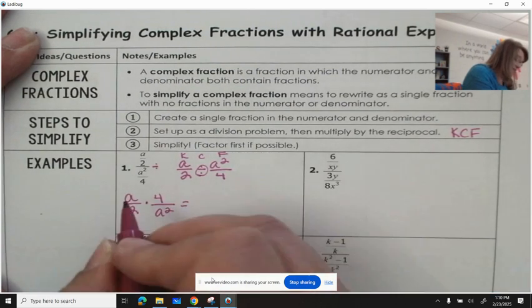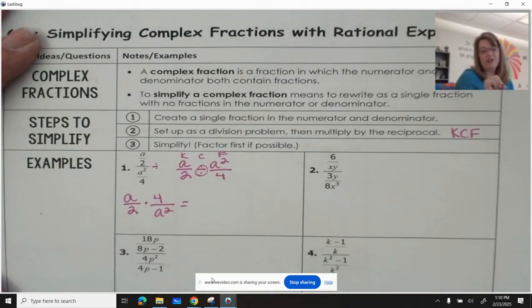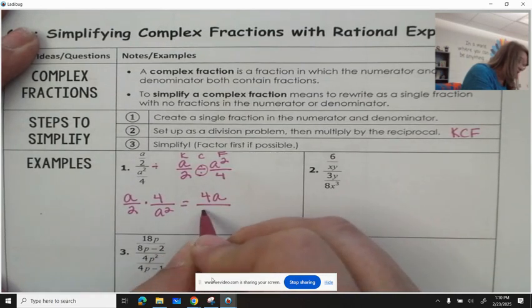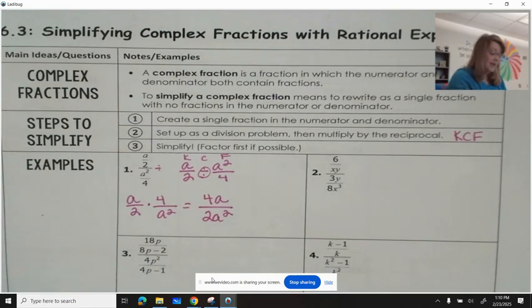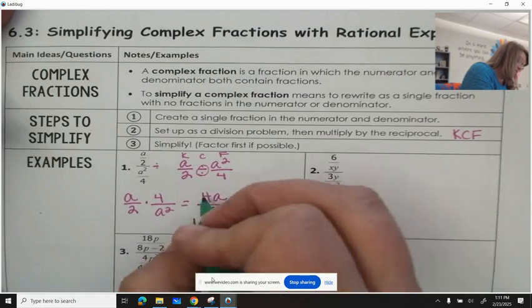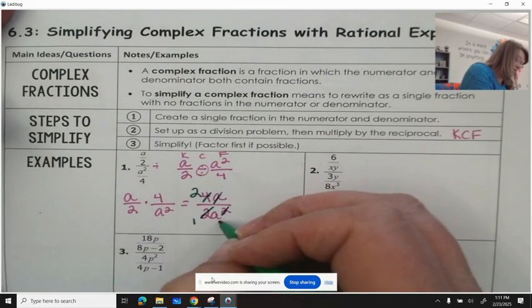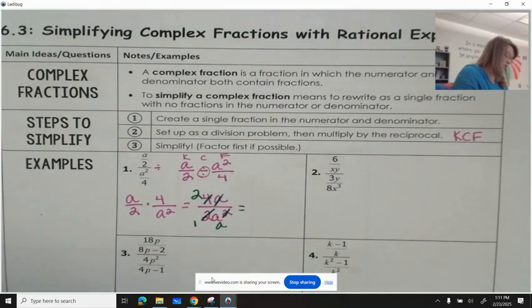Now, this is really easy. I just multiply fractions. We just multiply straight across the top and straight across the bottom, no problem. So this becomes 4a over 2a squared. And now I just need to simplify. So 2 divided by 2 is 1, 4 divided by 2 is 2. And this 1a can cancel with one of these, leaving me an a in the bottom. So I'm left with just 2 over a.